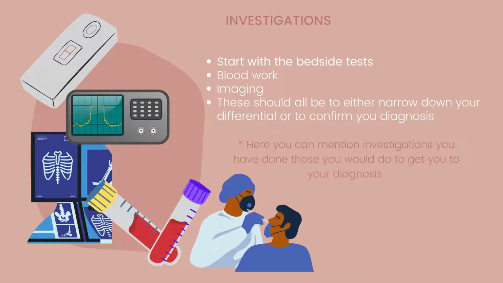And so these should be there to really confirm your history and your examination. So narrowing down the differential and confirming your diagnosis as well. And then here you can mention investigations that you have done that you would do to get to your diagnosis.